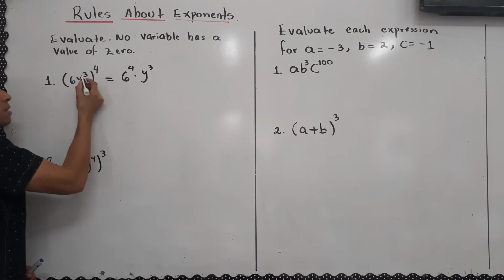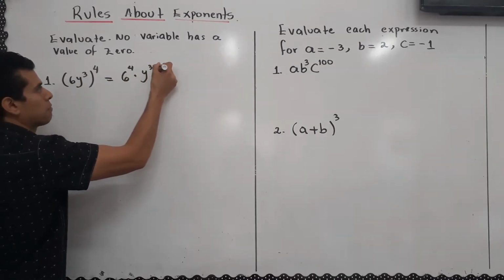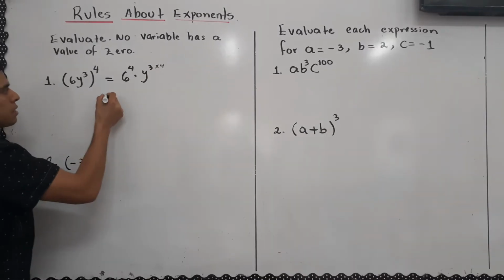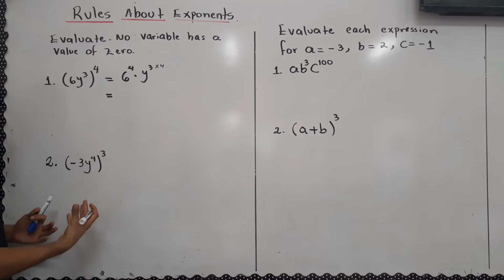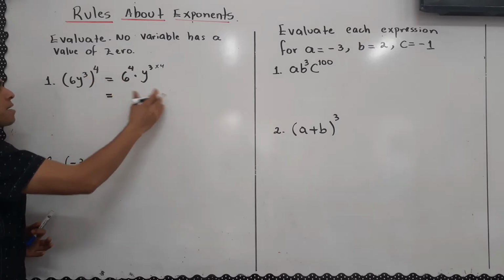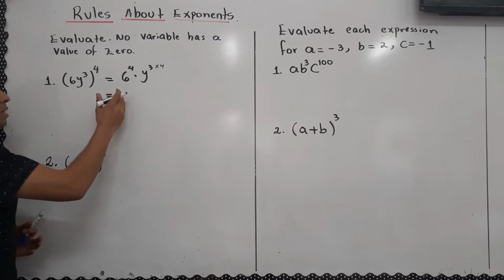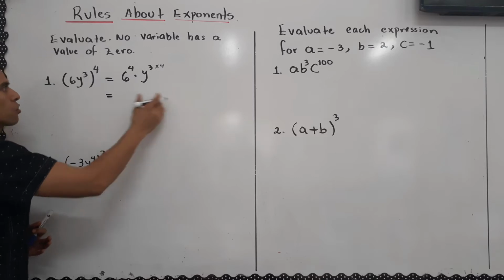How do you solve this? For the y, 3 multiplied by 4. In this case, 6 to the 4, what does it mean? 6 to the 4 means that you're going to multiply the 6 by itself 4 times. So 6 times 6 times 6 times 6, 4 times.